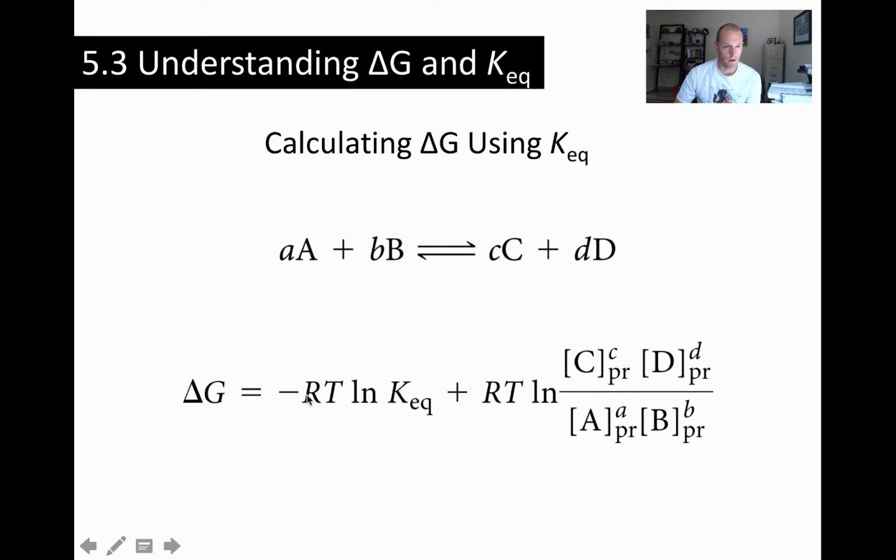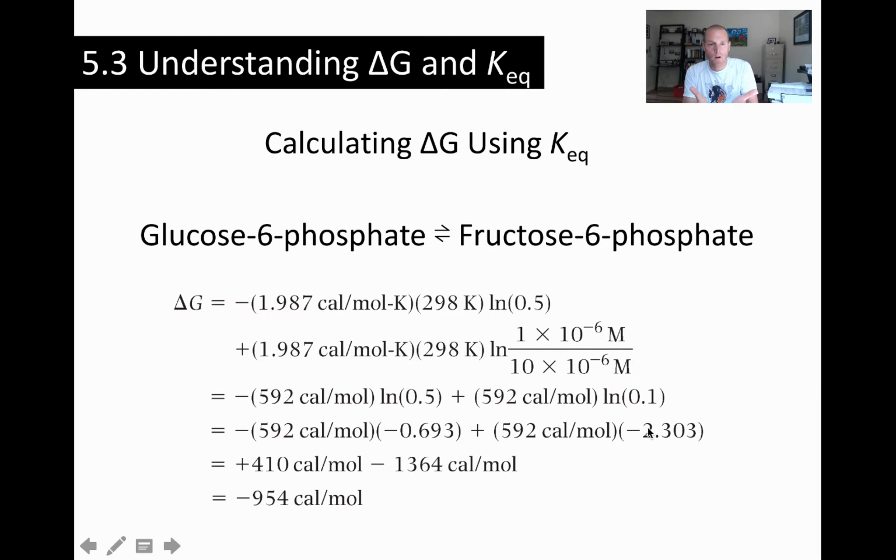So that's one thing you can calculate out. And then all you have to do is plug in the concentrations of your products on the top and your reactants at the bottom under prevailing conditions, and that again will give you delta G. So you can do this when you know the molar concentrations of your substrates and products, and so we end up with this final equation down here once we've got a more complicated situation like we have here.